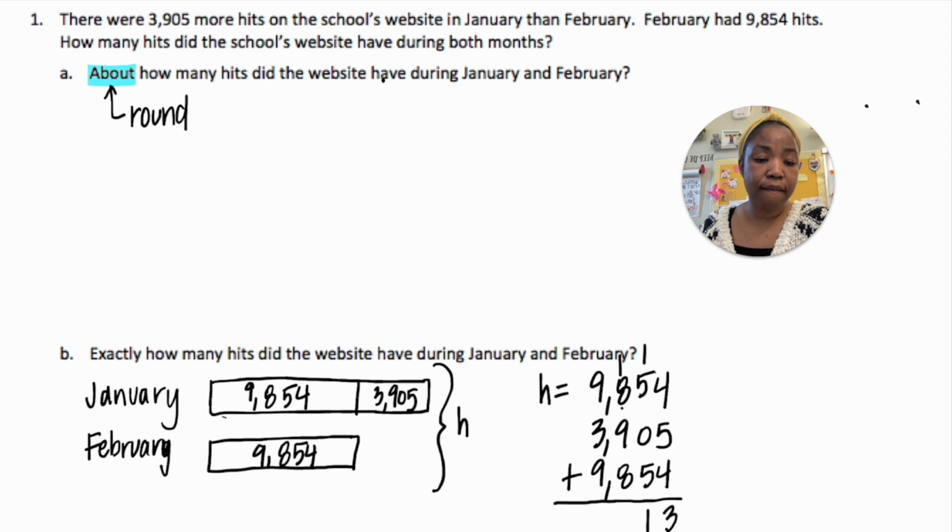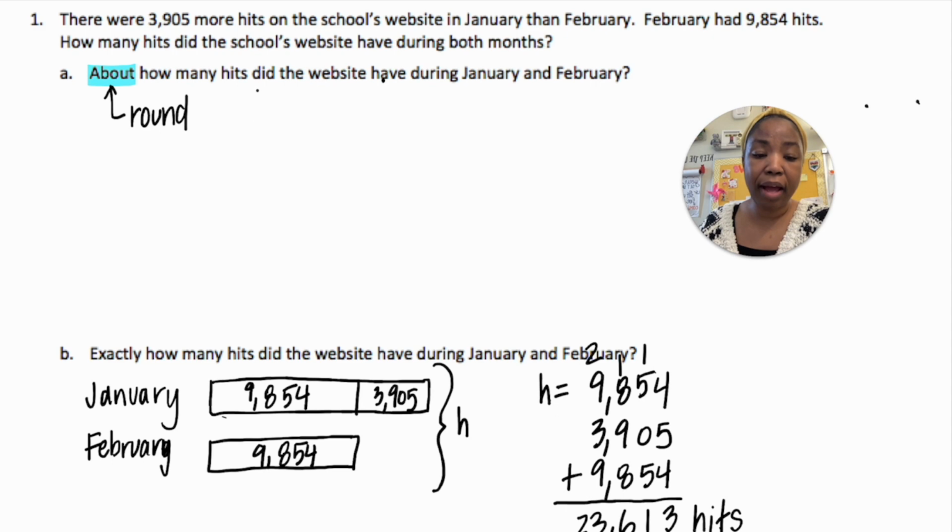We have 10. 1 and 9 is 10. 8 and 8 is 16. So that's 26. Regroup 2. We have 18, 19, 20, 21, 22, 23. So 23,613 hits in January and February.